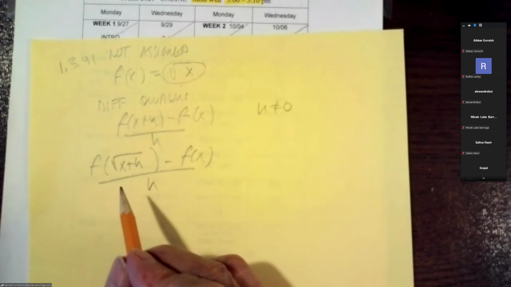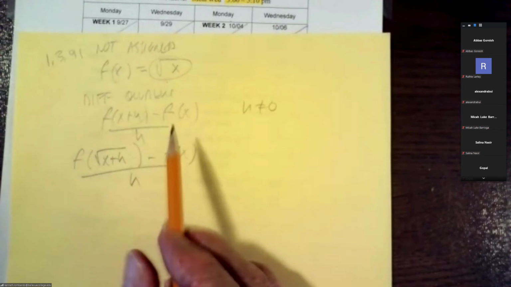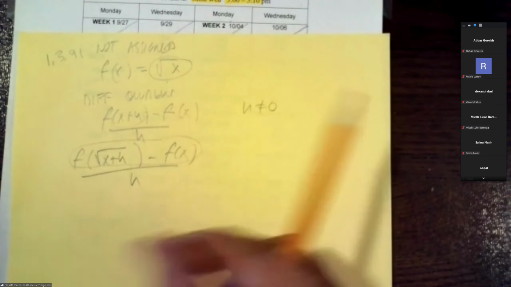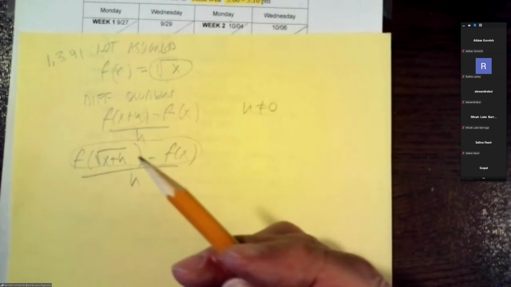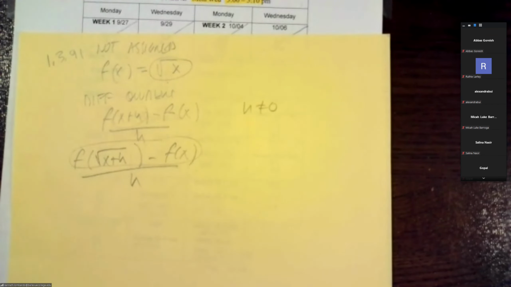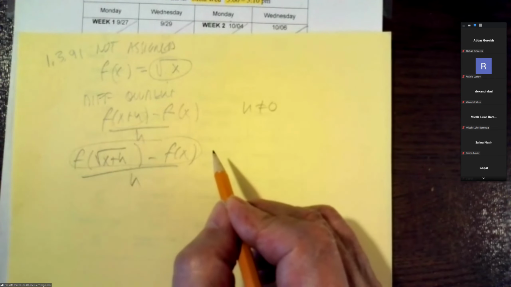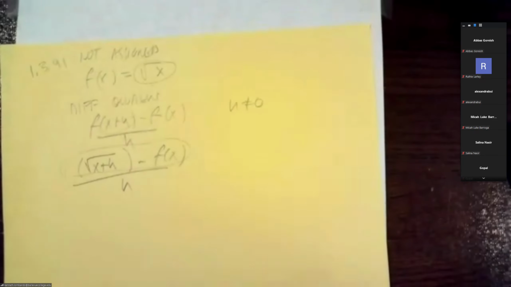Now, remember when we have radicals in the numerator, we have to multiply by what? Conjugate, right? And I'll take out the f part here. We're just concerned with the x plus h.